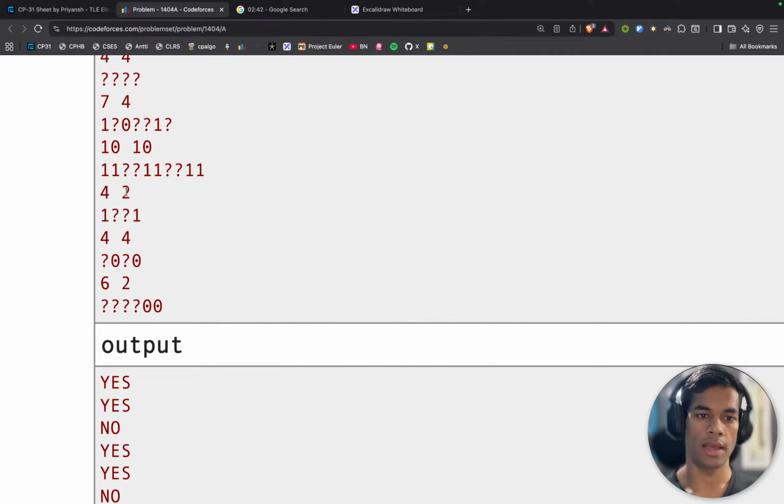When I am taking the first substring of size k, I might have some zeros and ones and some question marks in there.